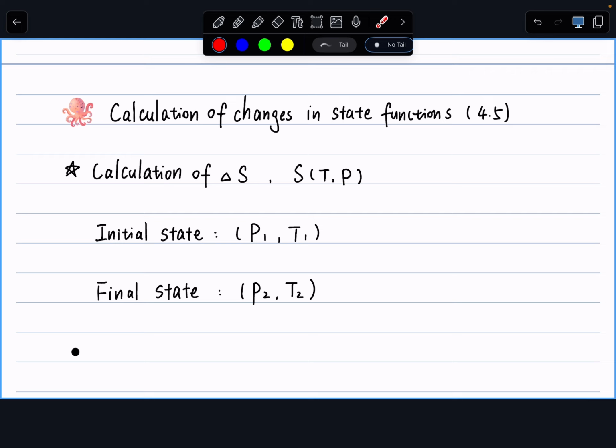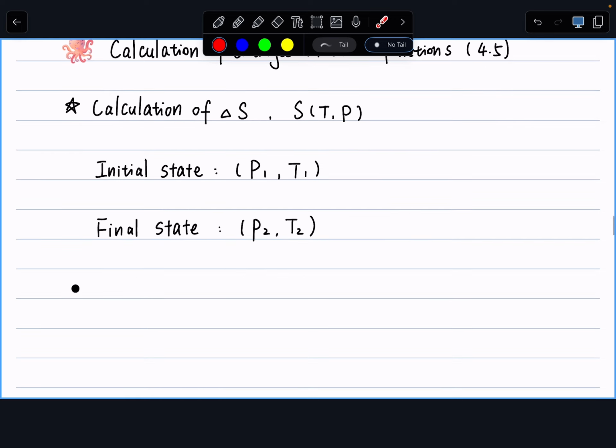So starting from delta S, because this one is more fresh. We're talking about entropy S as a function of temperature and pressure. That's in our Gibbs equation. Let's say my initial state is P1, T1 and final state is P2, T2. One might ask why we're not considering pressure and volume, or volume and temperature. It's the same, these are connected.